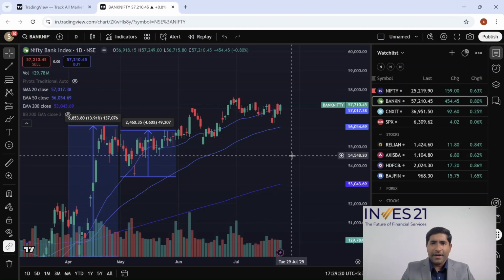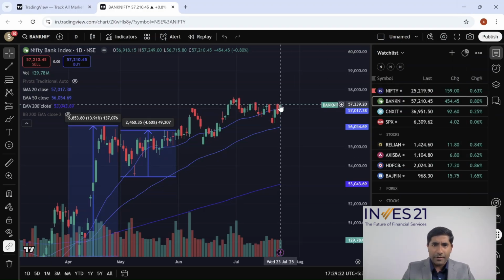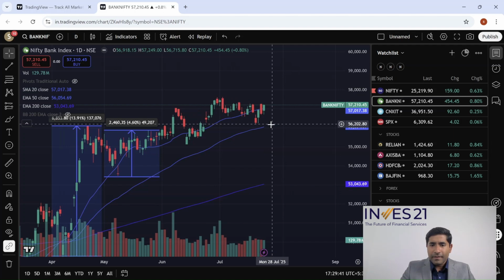So you see that the market is slightly in an expansion mode at the moment. Anything that is more than 1.0 times, you can expect that the market is in an expanding mode. So you can retest further on the upside, most likely, and you can plan your trades accordingly, right?